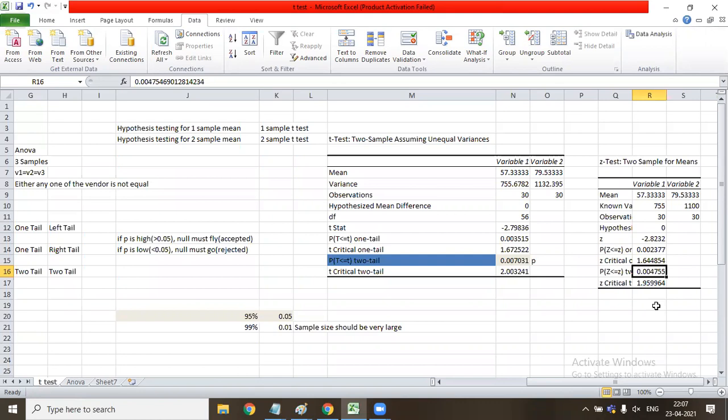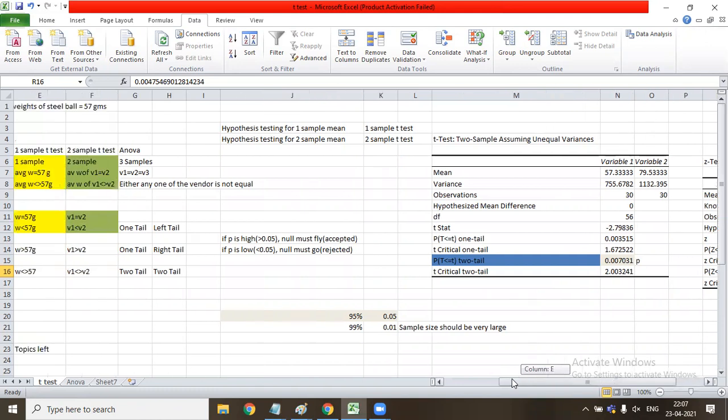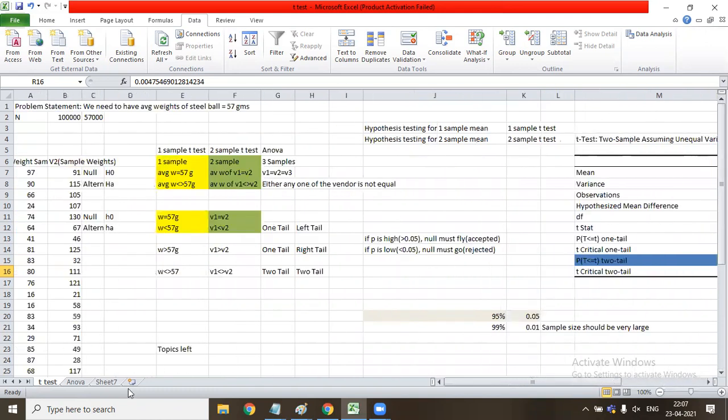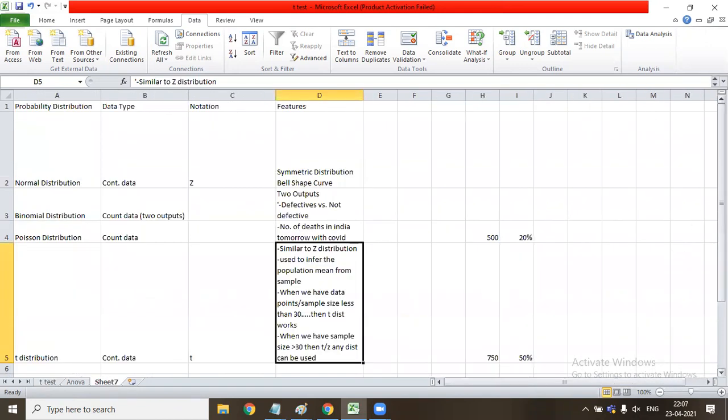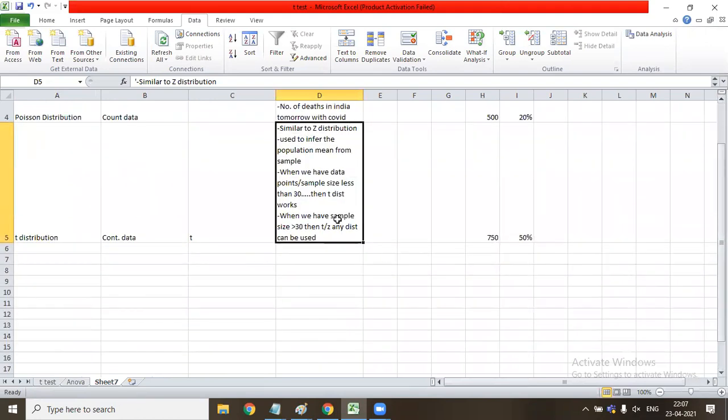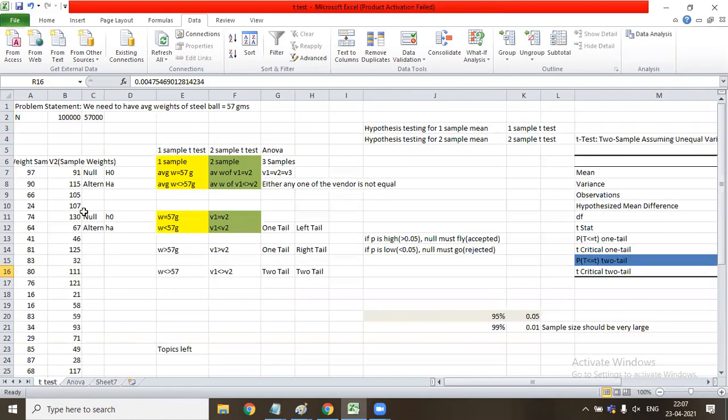Sir, what have you done here? I did not get it, like the Z test. We have applied the T test and on the same data you did the Z test. Yeah. The reason I have done this is because when we have a sample size greater than 30, then either T or Z distribution can be used. I've written this line. So yesterday we applied the T test.